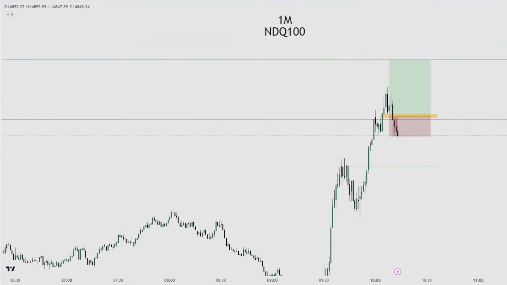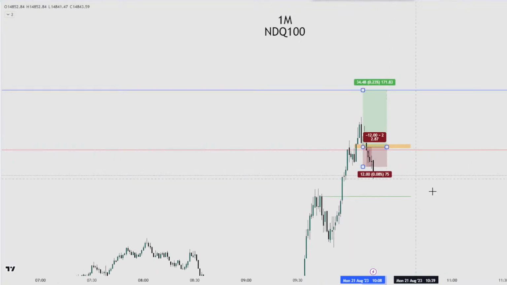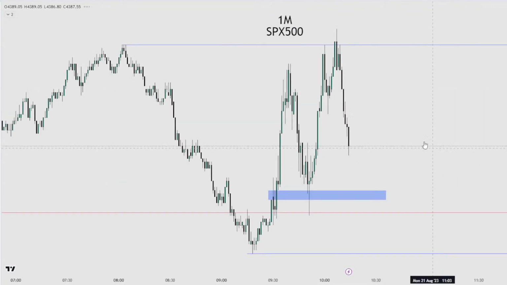I got stopped out. So yeah, for $177, a little less than 1%. So it's okay. I took the loss right here, but I don't think we have a Judah swing for short.